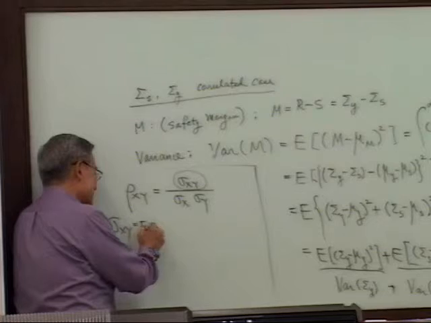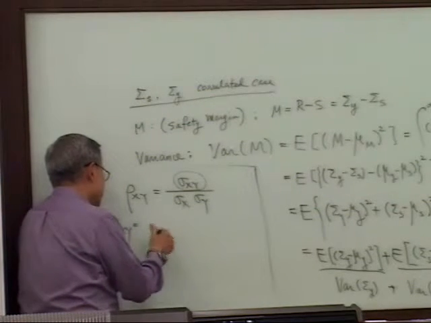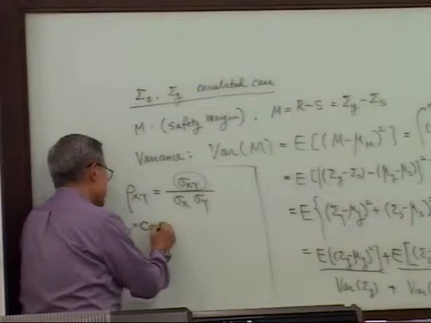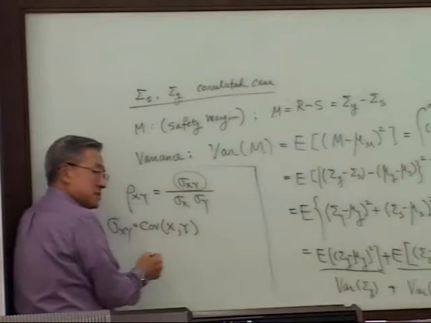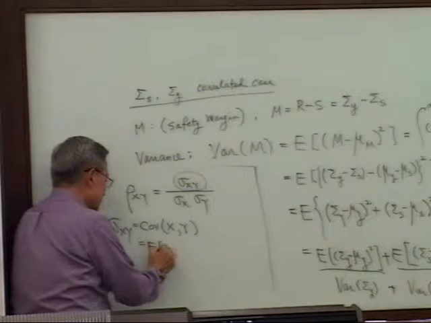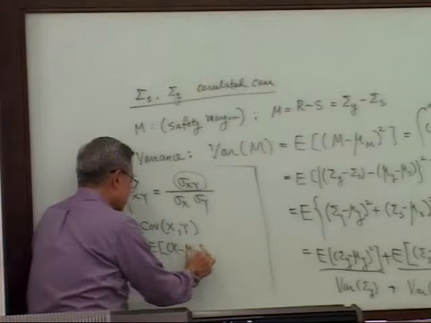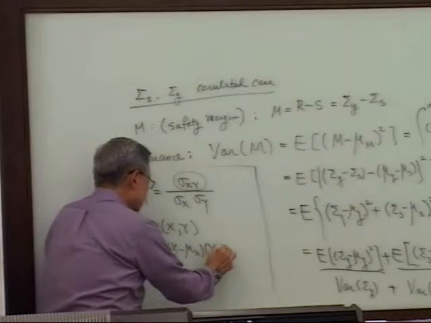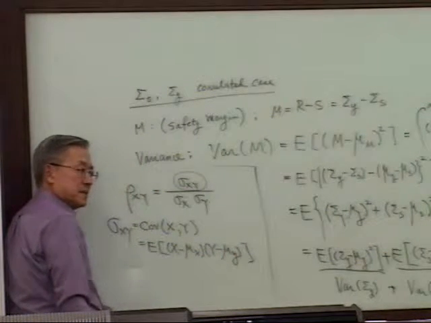This is exactly the covariance of x and y, which is always equal to E of (x minus mu x)(y minus mu y).